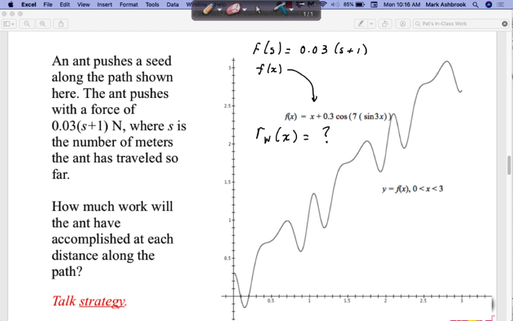Okay, let's see how we did. Brian, did you make some progress on this? Tell me. So you're saying you need to figure out what s is? Okay, so let's do that here. I know what F is.